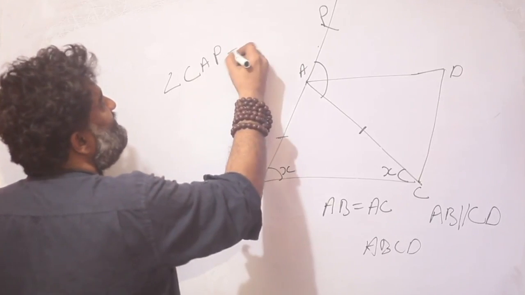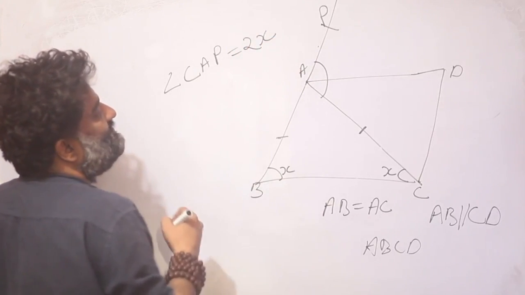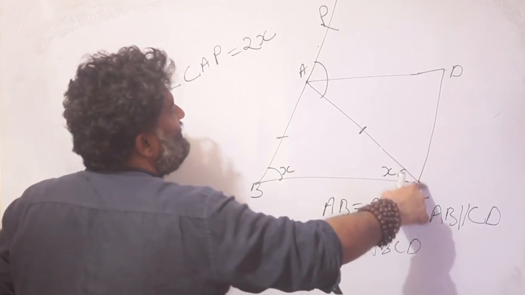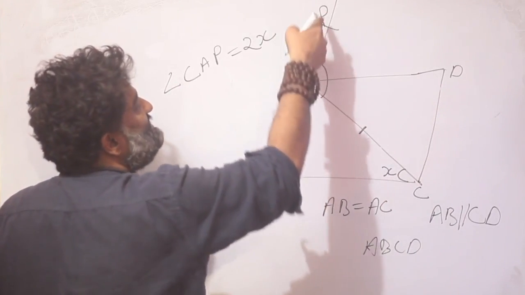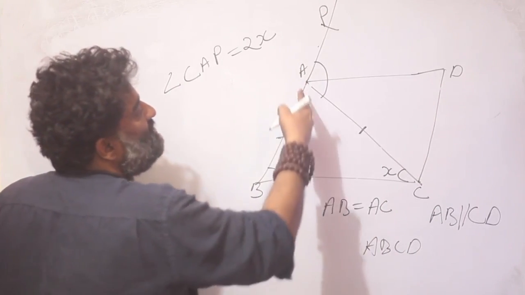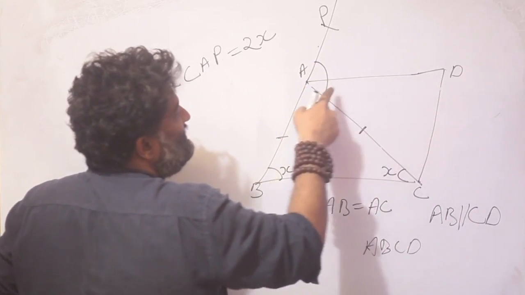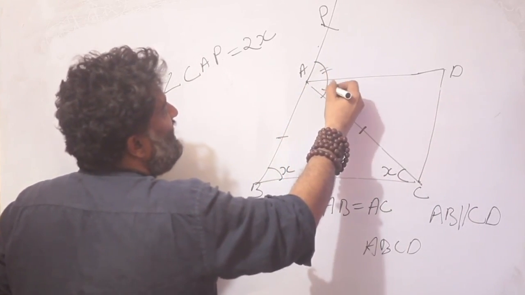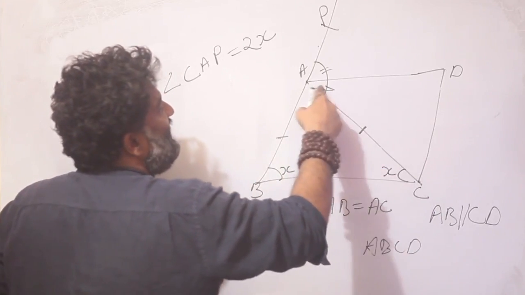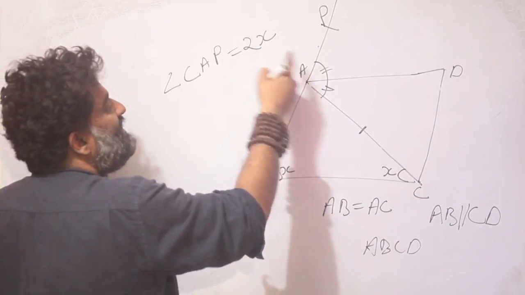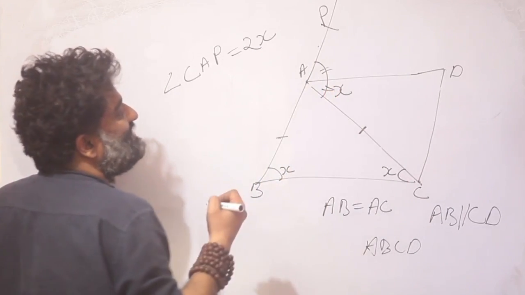That means CAP is equal to 2x. Now if I think of angle CAD, I know it is going to be half of angle CAP. Why is that? Because I know AD is the angle bisector and these angles are equal to each other. So angle CAD is going to be half of 2x. That means this is going to be x.